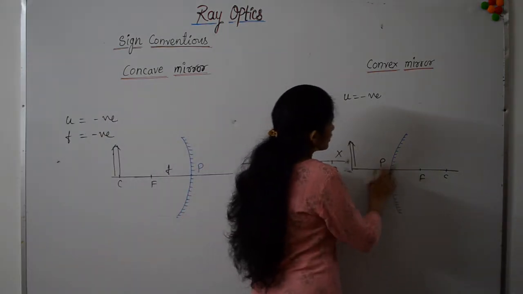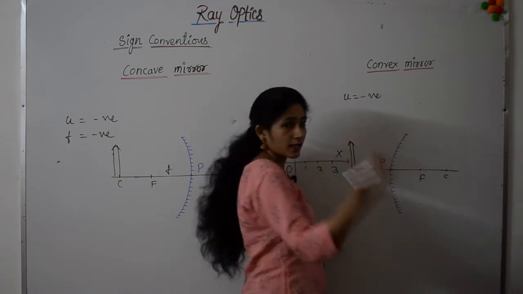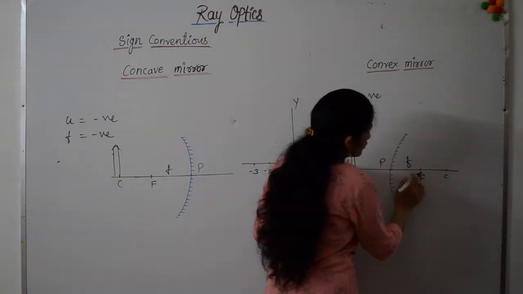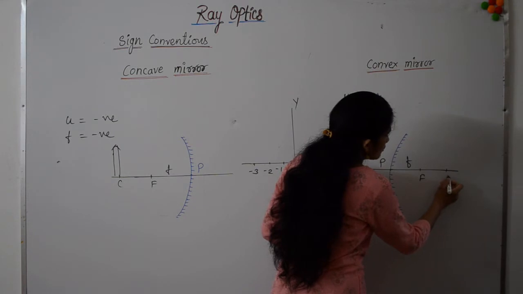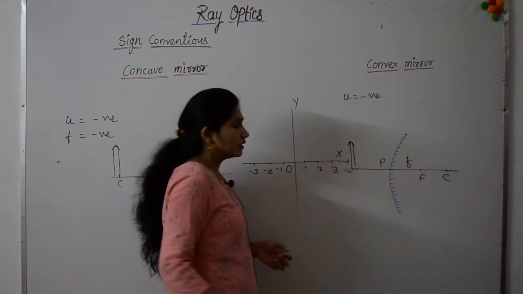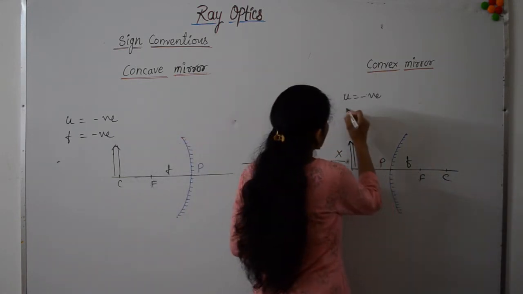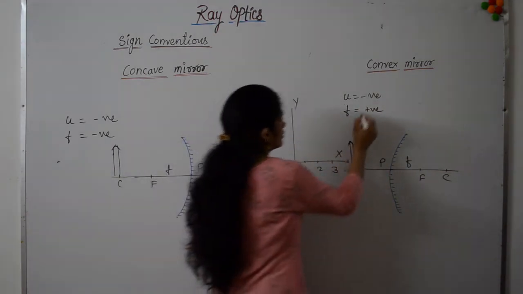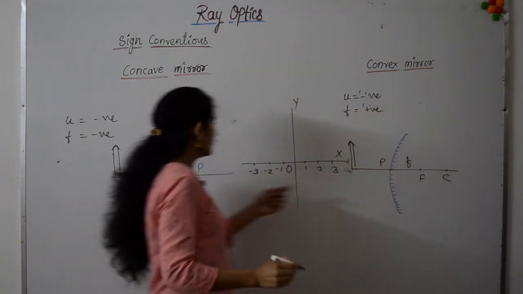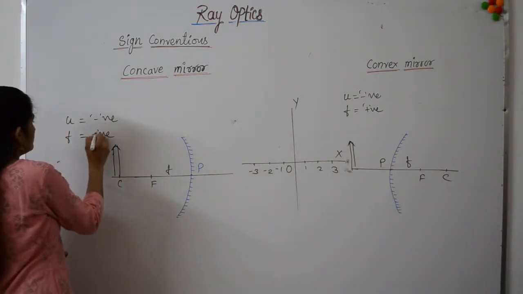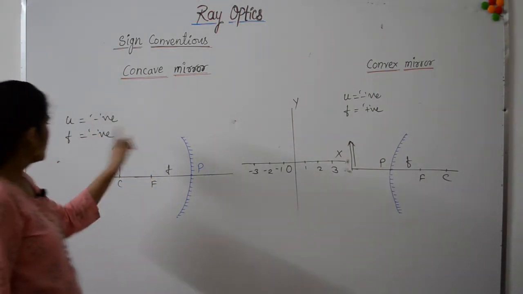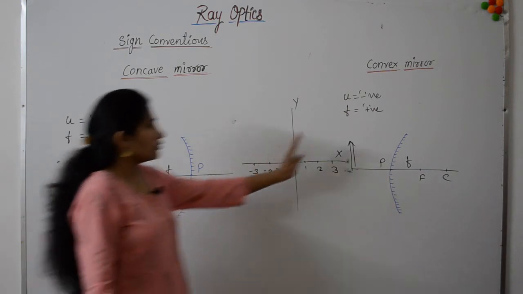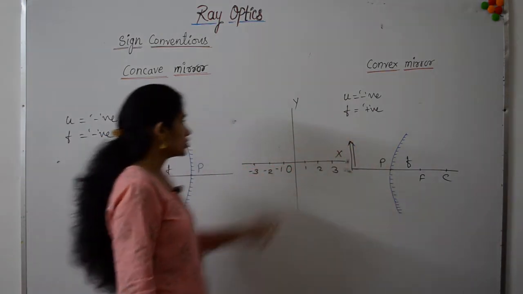You can see the focus for convex mirror is on the right of P. Focus is on the right, center of curvature is also on the right side of P. Therefore focal length is taken as positive for convex mirror. Focal length is negative for concave mirror, for convex mirror it is positive.